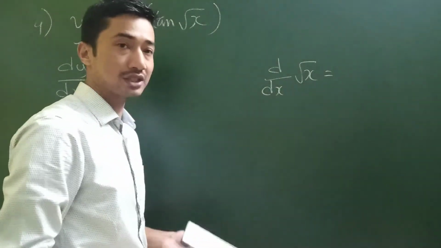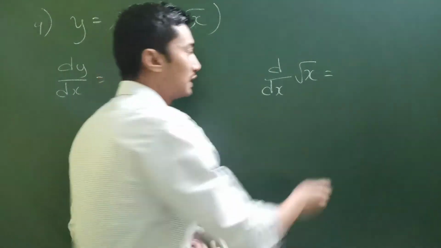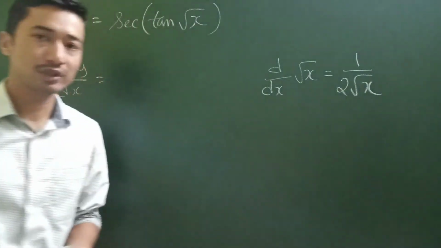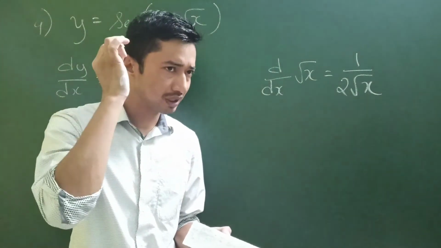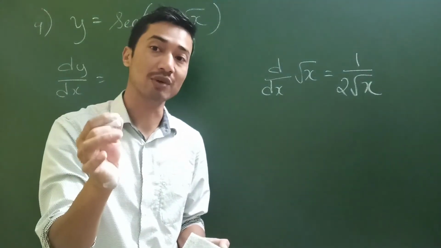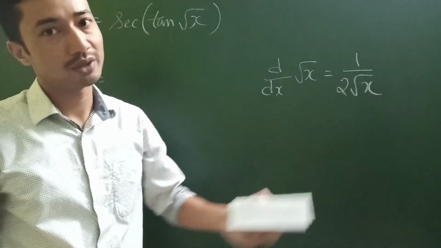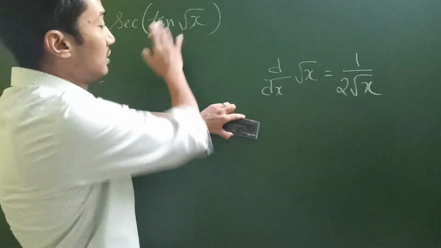Derivative of root of x, try to focus. It's proved also, you can check for yourself. No need to write so many steps. You can straight away write derivative of root x is 1 by 2 root of x. If we keep these small things in our mind, it can save us a lot of time. Let's not forget that. We will need that because I see root x here.